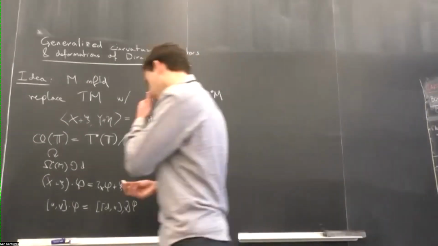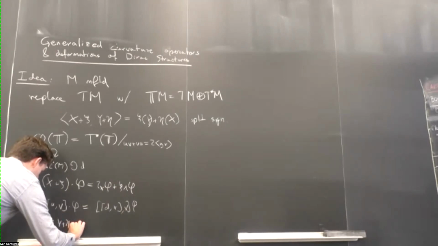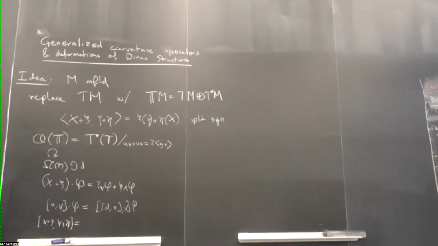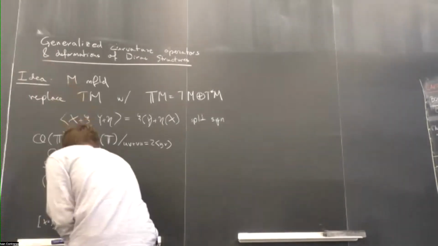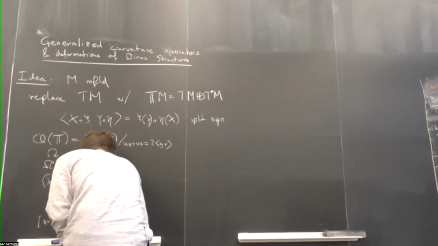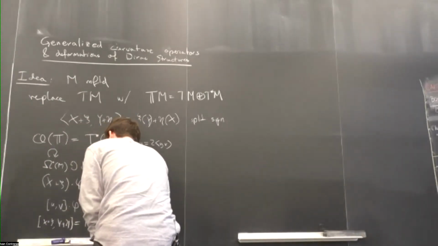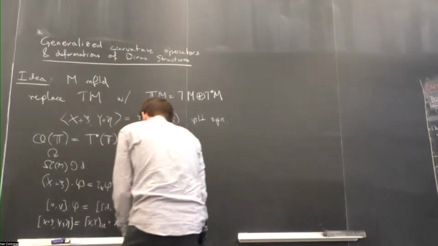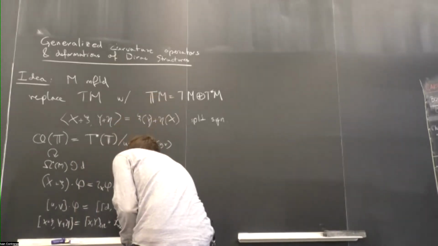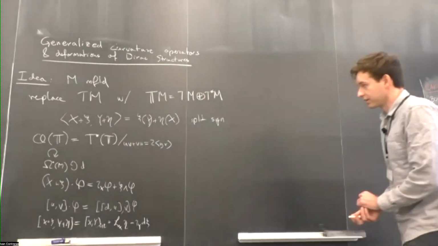And we can write down this bracket. So what do you do? You just take the Lie bracket of the vector parts, and you differentiate in the x direction, and you almost differentiate in the y direction, but not quite. Okay, and this is the Courant bracket.